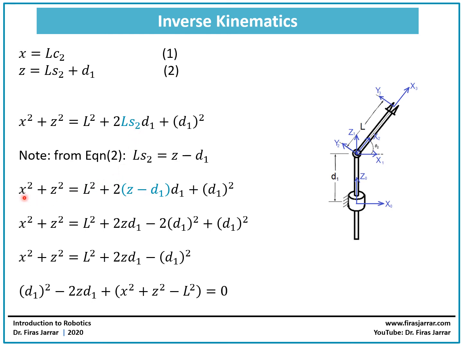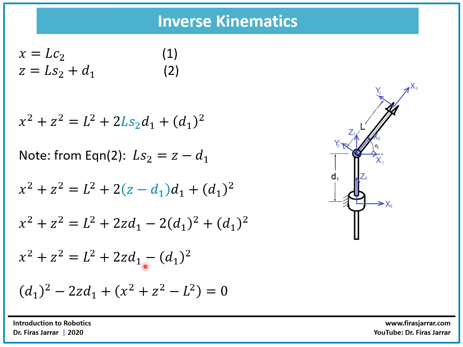So now we'll have X squared plus Z squared is equal to L squared plus 2 times Z minus D1, all of this times D1, plus D1 squared. This way you can see that we eliminated theta 2 from the equation, and this was our goal from the beginning. Now after a little bit of manipulation, you'll have 2Z D1 minus 2 D1 squared plus D1 squared, so it becomes minus D1 squared here.